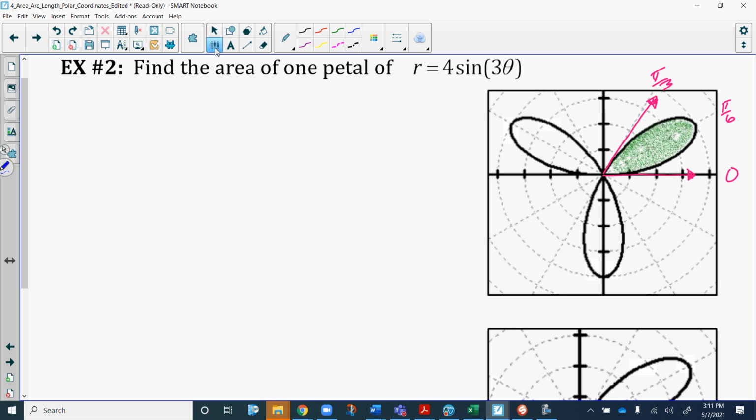So area is equal to 1/2 of the definite integral from alpha to beta of r squared d theta. Doing my substitution here, we've established the definite integral is going to go from 0 to pi over 3. And the radius that we're working with in this case is 4 times the sine of 3 theta.